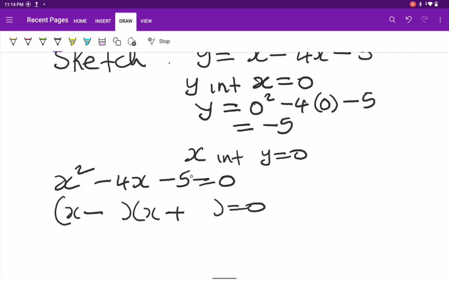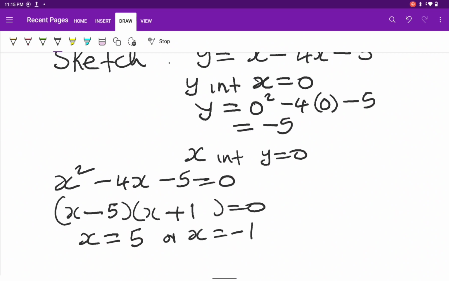Factors of 5 are 5 and 1, so we'll have a 5 here and 1 there, giving us x equals 5 or x equals negative 1. So our graph will intersect the x-axis at 5 and at negative 1.